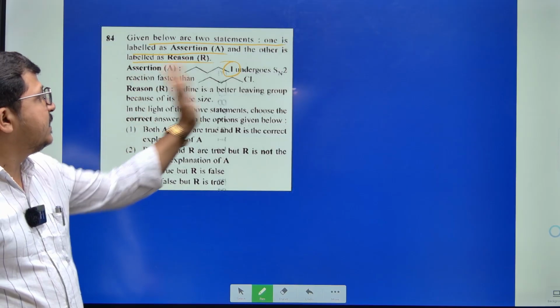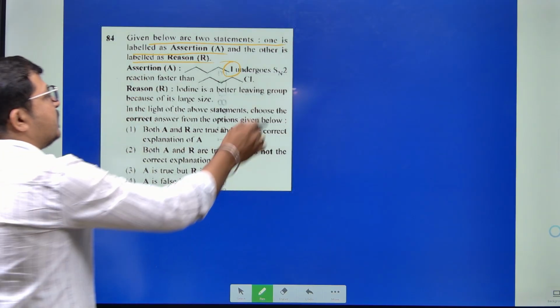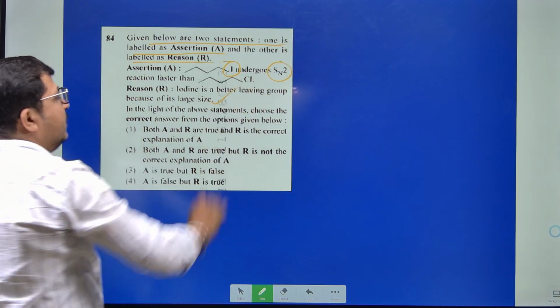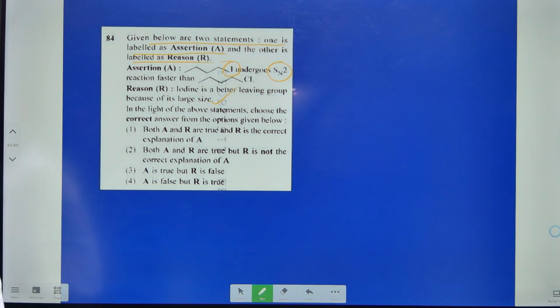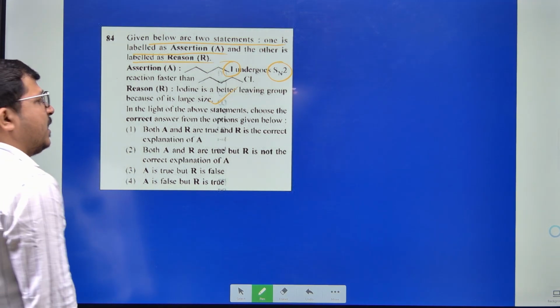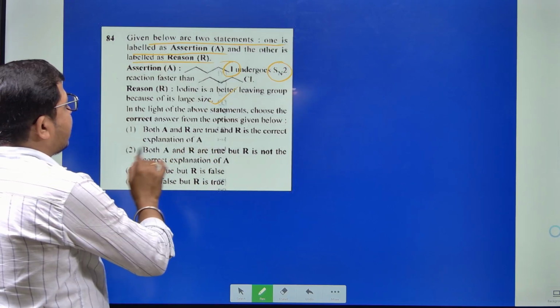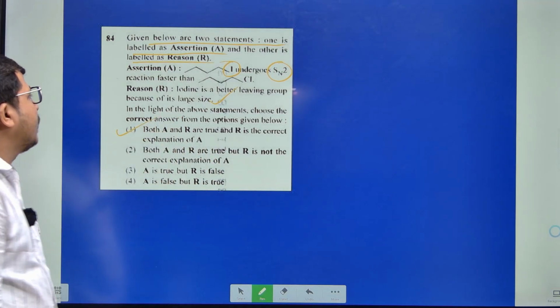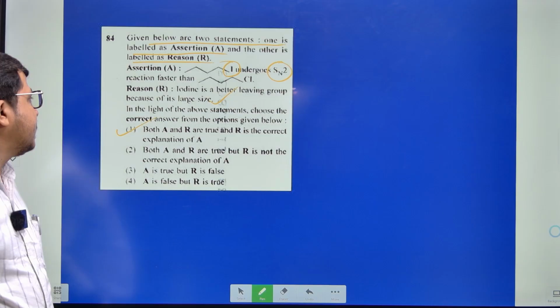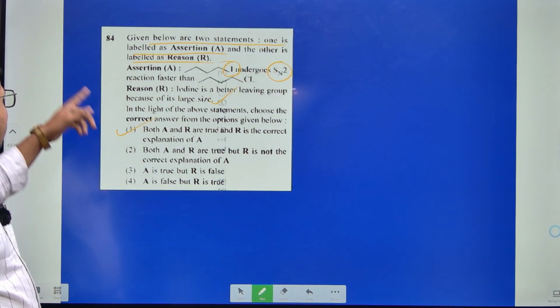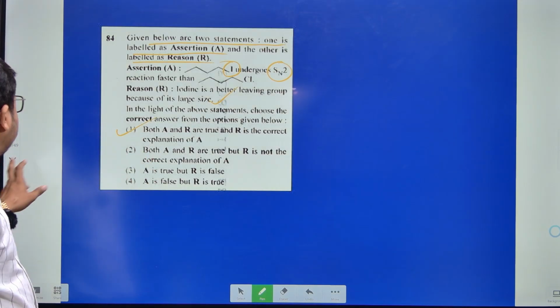Hence, it easily leaves. Therefore, it undergoes SN2 reaction, and both assertion and reason are true, and the reason is the correct explanation of the assertion. Therefore, option 1 is the right answer for the 84th question.